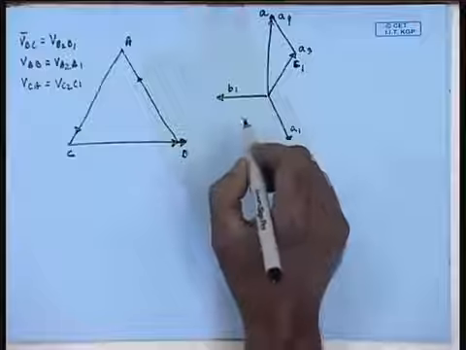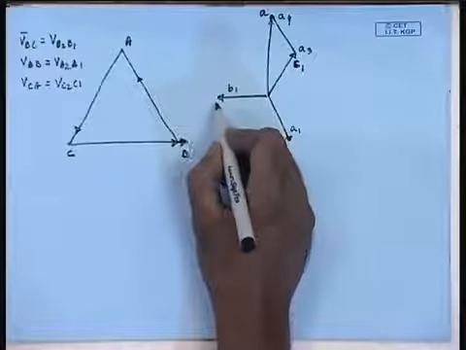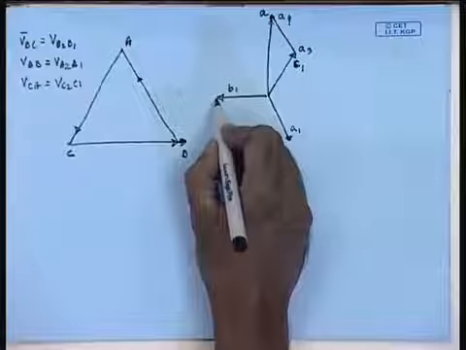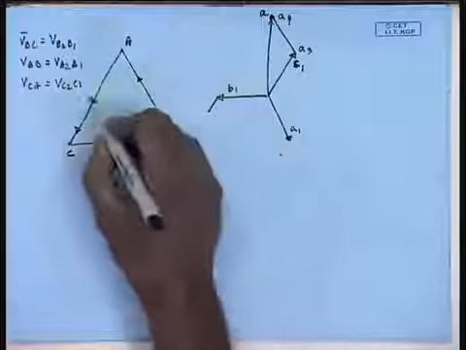Similarly, phase C is obtained by connecting C4 C3 with B1 B2, which is parallel to this.